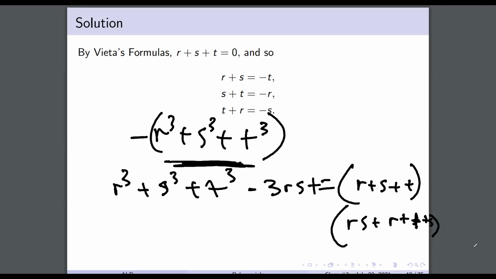I might not like the factorization. Sorry, give me one moment.